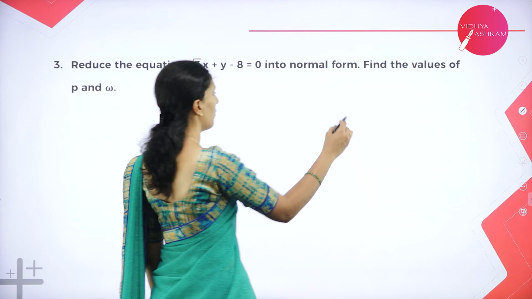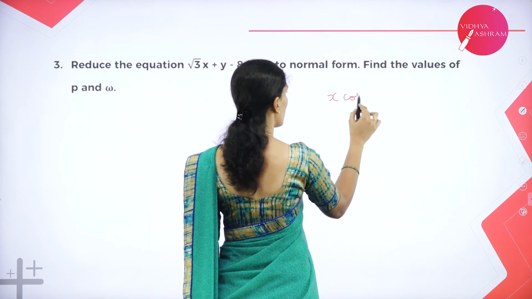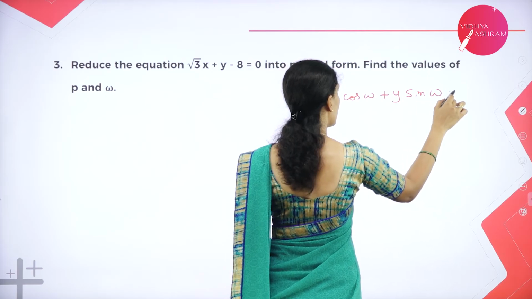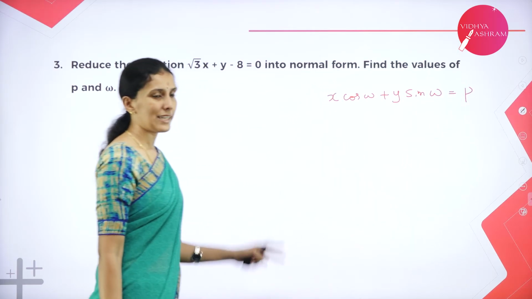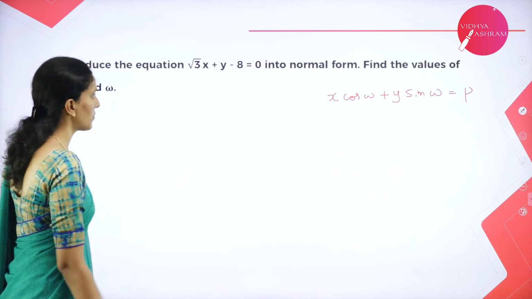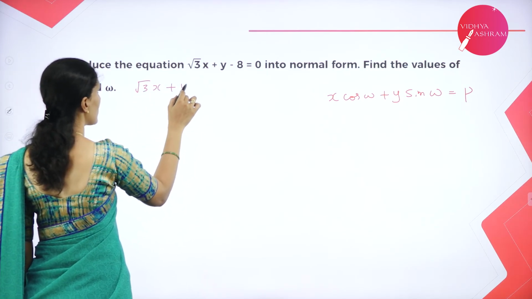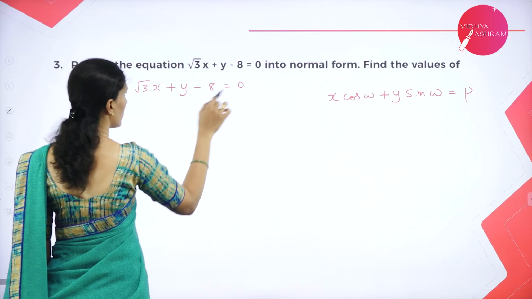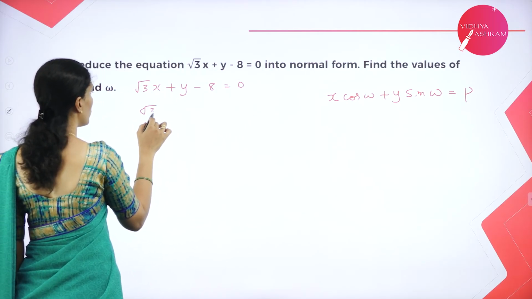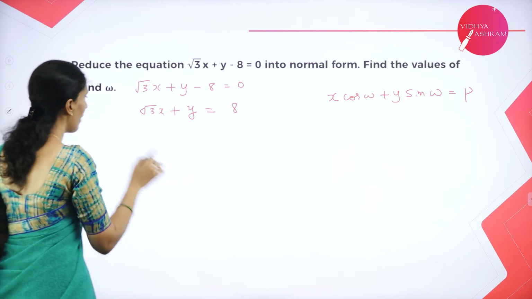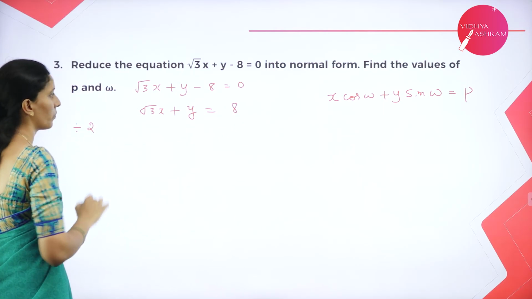So, my normal form is x cos omega plus y sin omega is equal to p. First, let me write the given equation in this form. Now, I have root 3x plus y minus 8 is equal to 0. Shift: root 3x plus y is equal to 8. Divide the equation by 2.